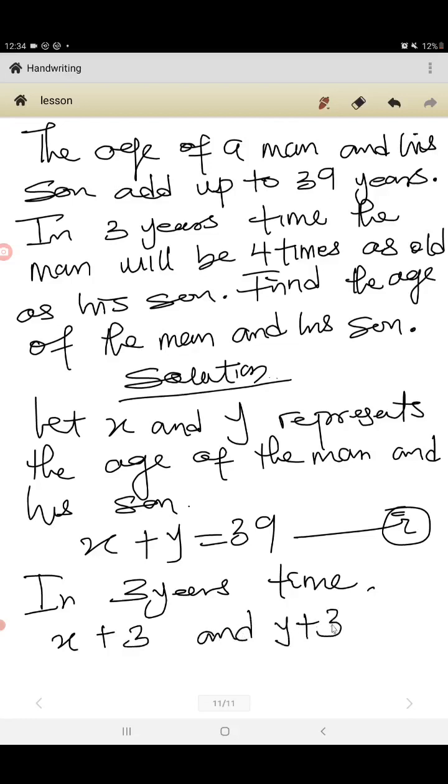If you talk about 3 years ago, that is when you subtract. But in 3 years' time, the age of the man must be added with 3 and the age of the son must be added with 3. So now let's write.